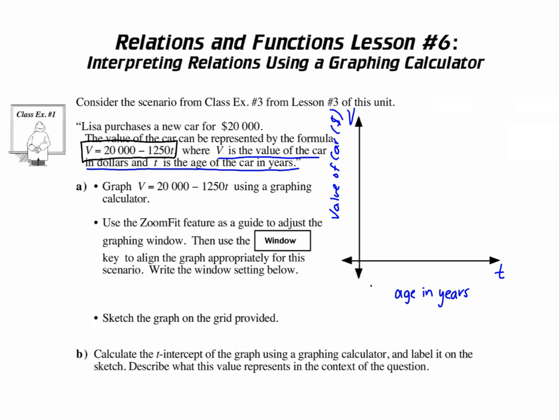Now, when we have an application problem, you have to ask yourself, is it possible to have negative values here? Is it possible to think about value of the car and age in years? No, we cannot have negatives. You can't have negative time. We can't go backwards.